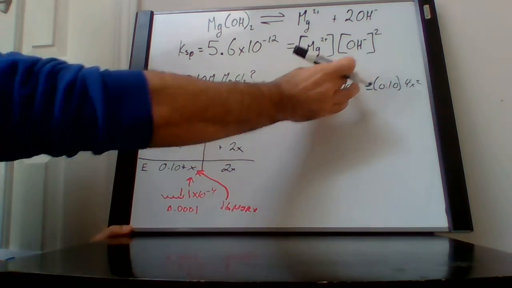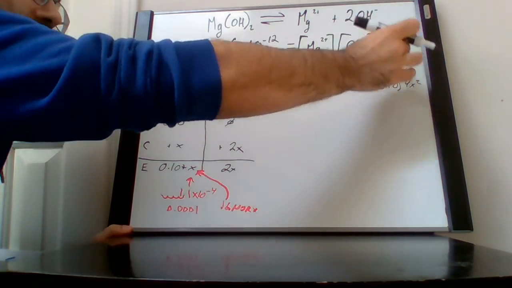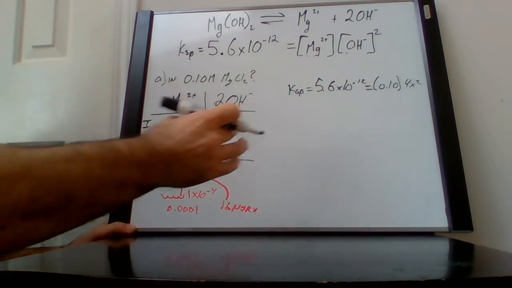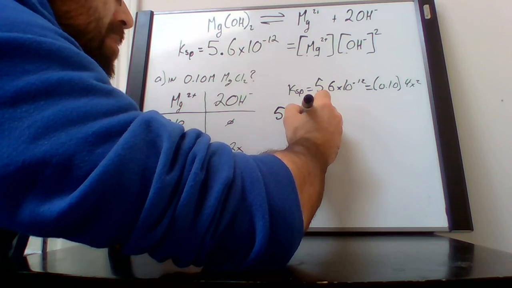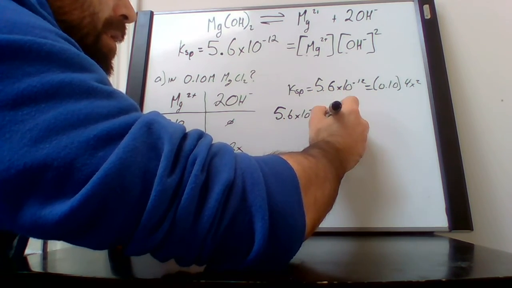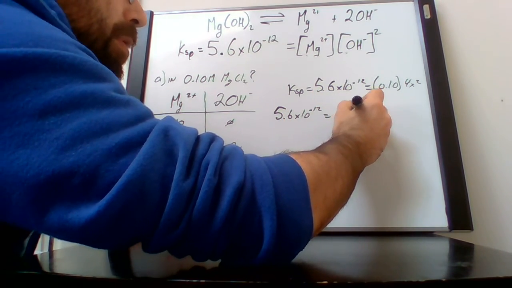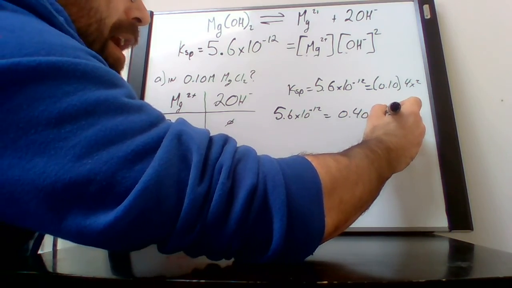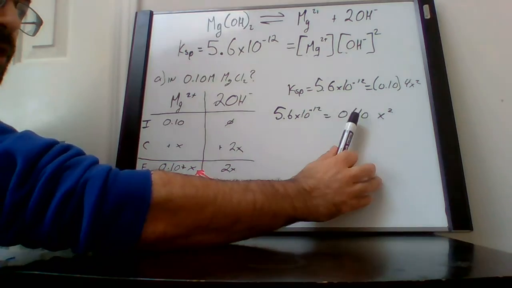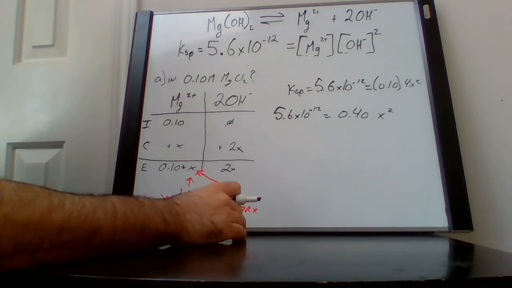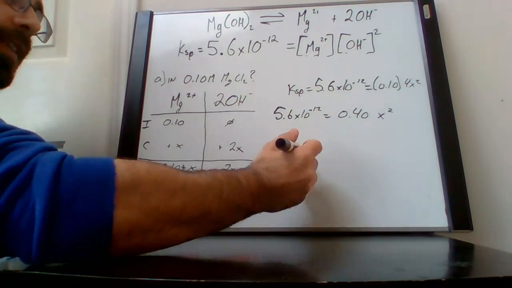I'm just taking that 2x, plugging it into our OH concentration and squaring it. So we now have 5.6 times 10 to the negative 12 is equal to 0.40x squared.